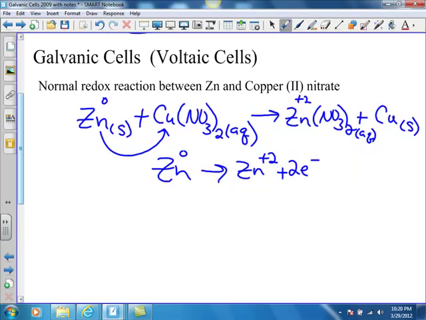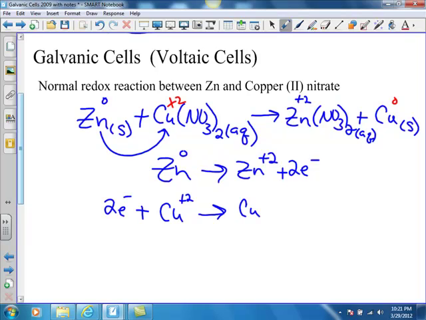And then that copper, which started out as a +2 charge, went to a 0 charge. Well, how did copper do that? Well, copper gained 2 electrons.